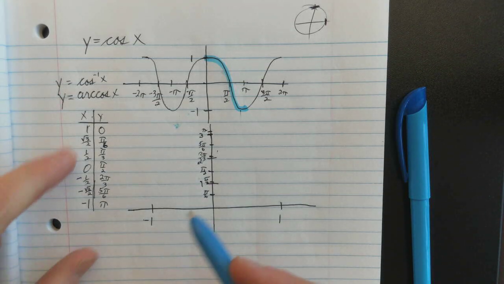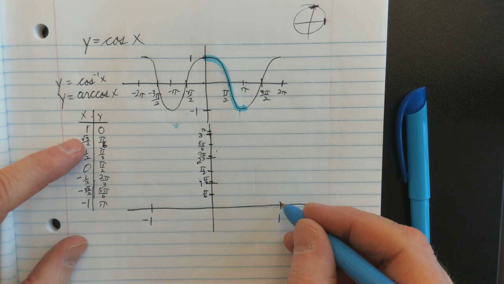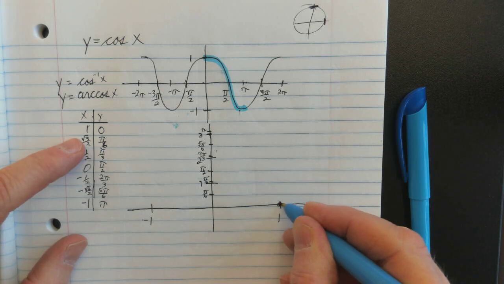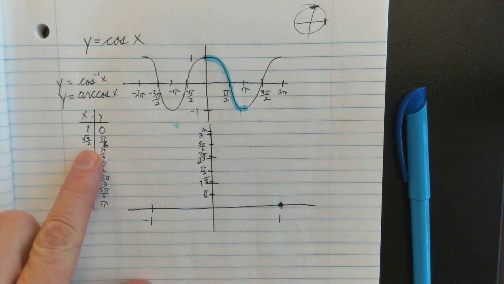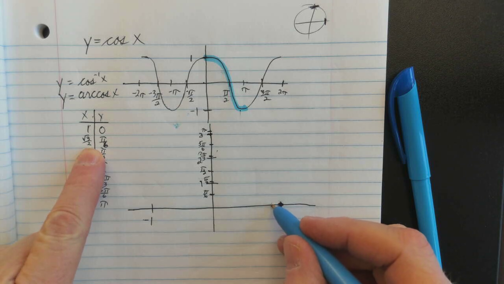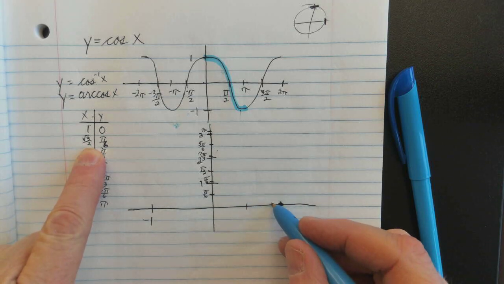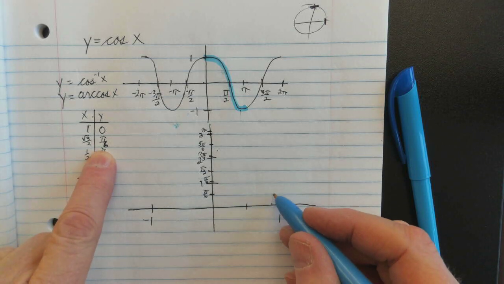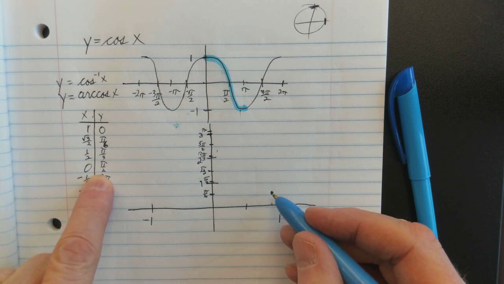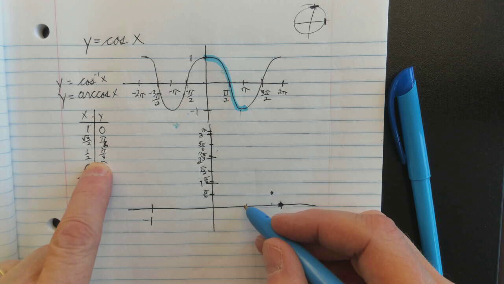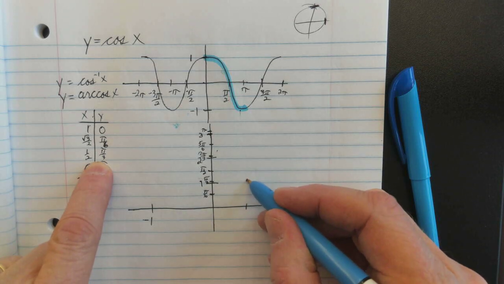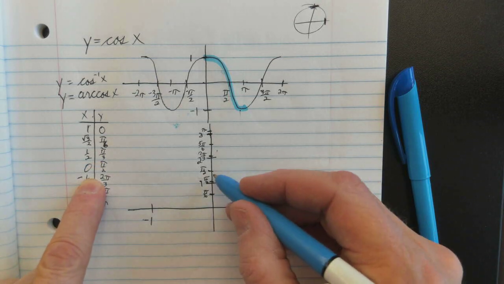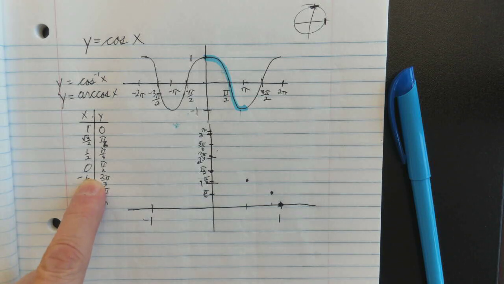All right. 1, 0 is right here. This was around here, wasn't it? If this is half, pi over 6, right around here. 1/2, a little above 1. 0, pi over 2.